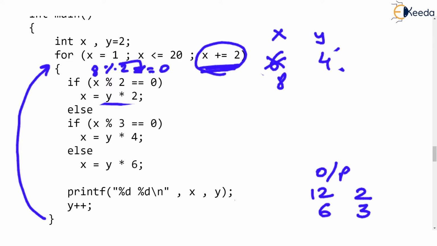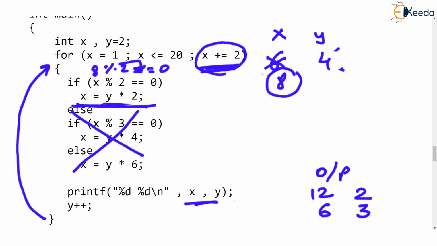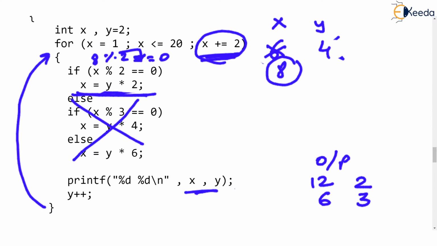So we are making x equal to y into 2. But that's 8. y into 2, 4 into 2. So x remains 8 and this else is not executed. Nested if, isn't it? And then we are printing x and y. x and y printed will be 8 and 4 because those are the current values of x and y. Then y increases, so y which was 4 will become 5.